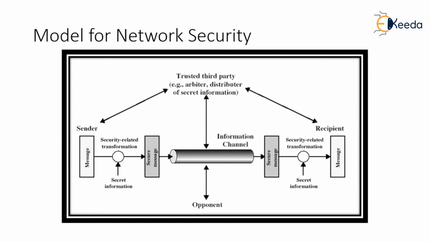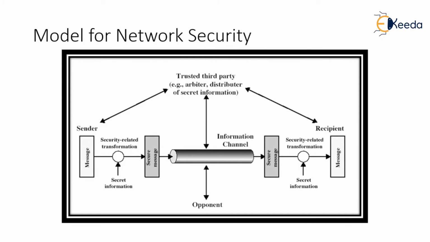For example, we can consider an encryption key used in conjunction with the transformation to scramble the message before the transmission and unscramble it after the reception. So basically, this complete network security model gives you an idea of transmission of the data in a secured manner.